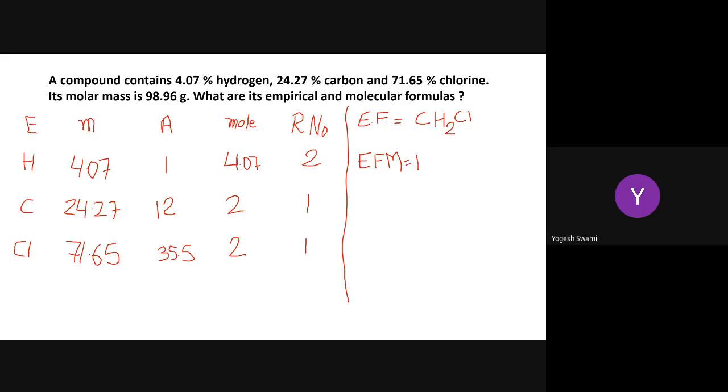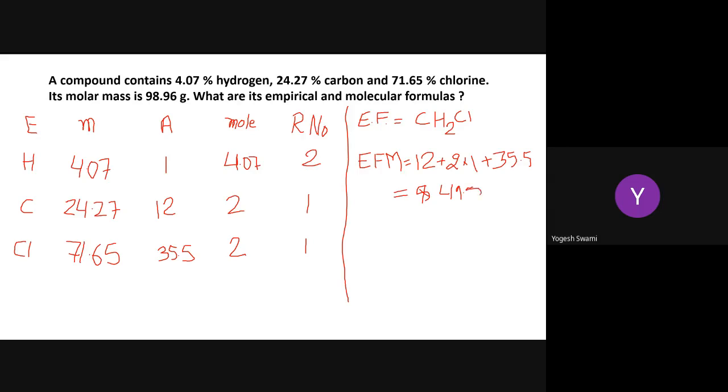One carbon is there, 12, two hydrogen is there, so 2 into 1, one chlorine is there, that is 35.5. So 12 plus 2 is 14, 14 plus 35.5 is 49.5.